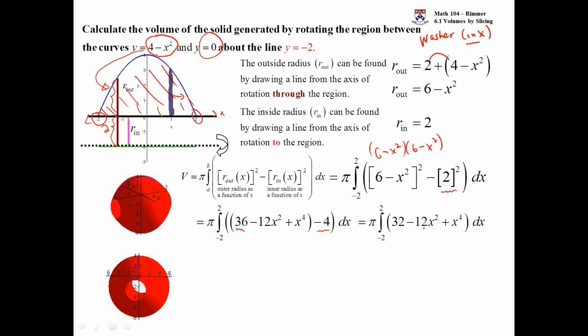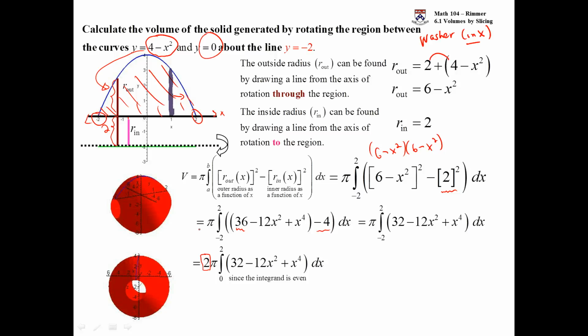So the left hand area will be the same as the right hand area, and we can instead do it from 0 to 2 and double. It's just more desirable to have 0 as a lower limit, especially when integrating polynomials. Plugging in 0 ends up something that's academic.